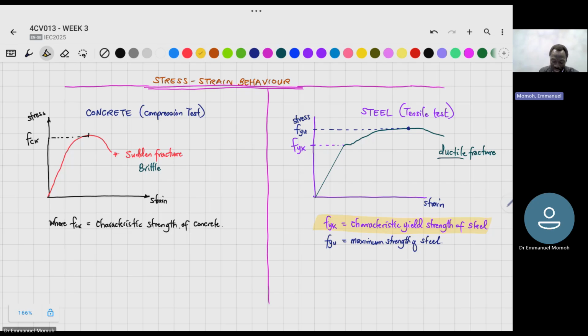So what then happens is that we use the design strength for both materials. So for concrete, we reduce the material strength by a partial safety factor for concrete. And for steel, we do the same thing. We reduce the material strength by a partial safety factor for steel.